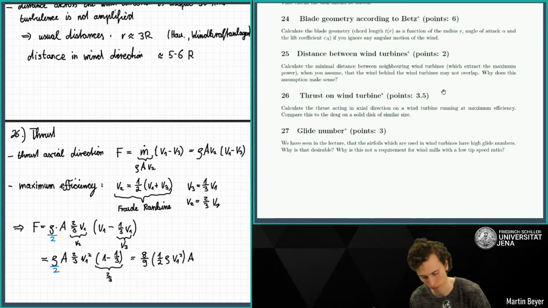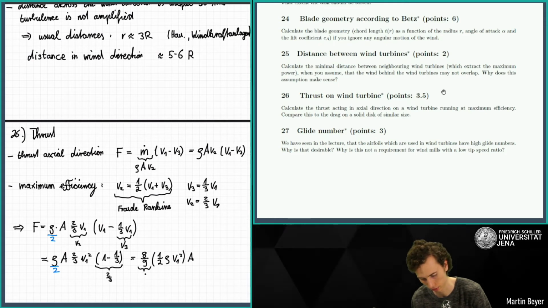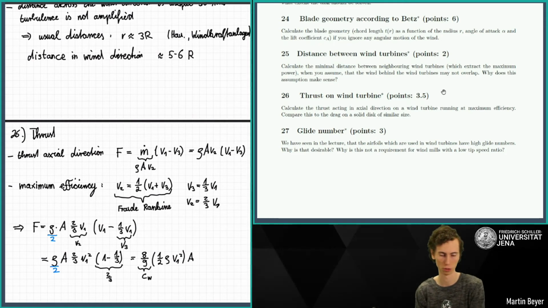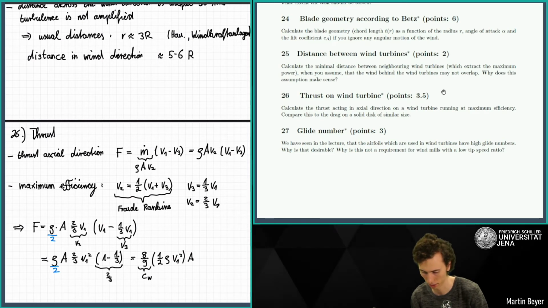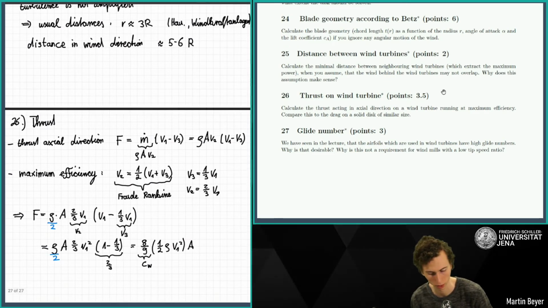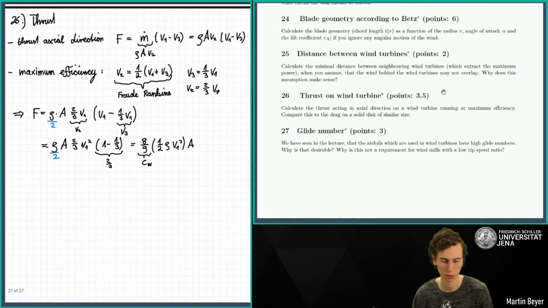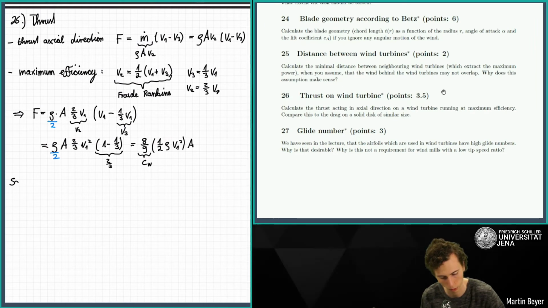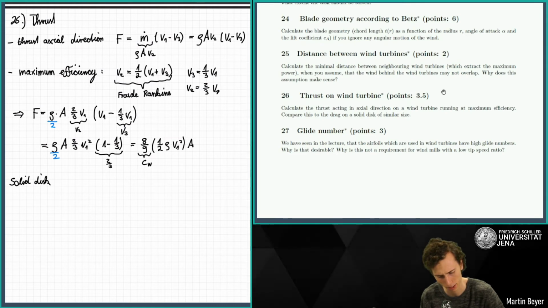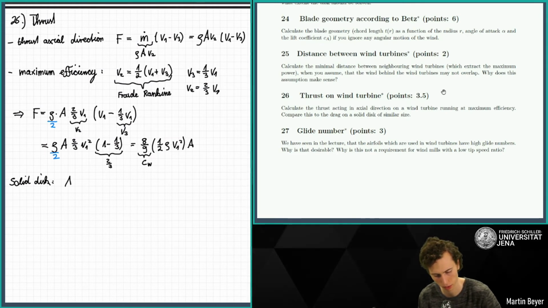So basically, this here is just the drag coefficient for some force acting on an area. And this is actually the result that we have for the thrust acting on our wind turbine. And we can compare this to the solid disk, or now let's calculate this for a solid disk. And here we use the air resistance.